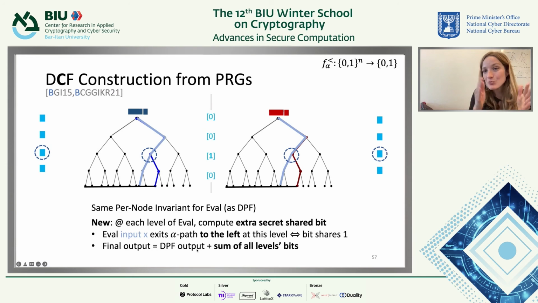So the final output share is going to be the sum of the bits thrown off level by level. Indeed, if my input is less than alpha, exactly one of these is going to be a secret sharing of 1. Otherwise, if my input is greater than or equal to alpha, then all of these will be secret sharings of 0. Okay, so the question remains now, how can we achieve these blue boxes?